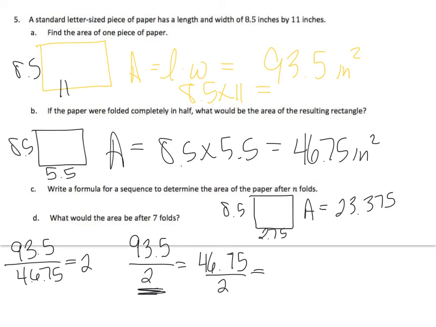It does. 46.75 divided by 2 is 23.375. That helps me figure it out. So from the first area, I divided by 2 and I got the second area. And then I divided by 2 and I got the third area. So what I really need to do is take my original area and divide it by 2 to the n.